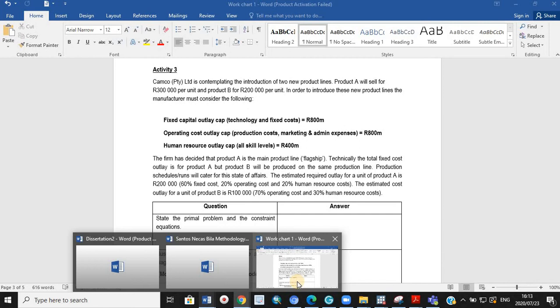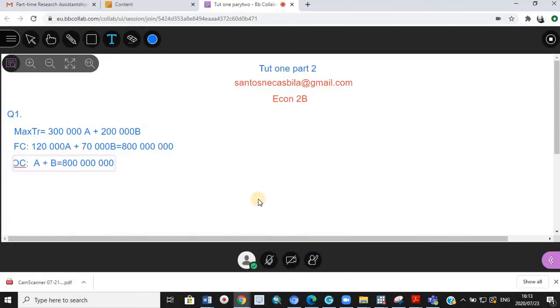If we do 20%, this should be equal to 40,000.